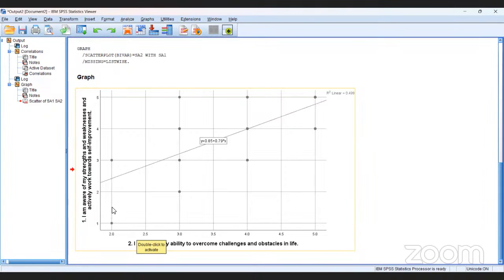From here, you click it, and then this is the point on the y-axis. So if for item number 2 the score is 1, then for item number 1, it will be this value.